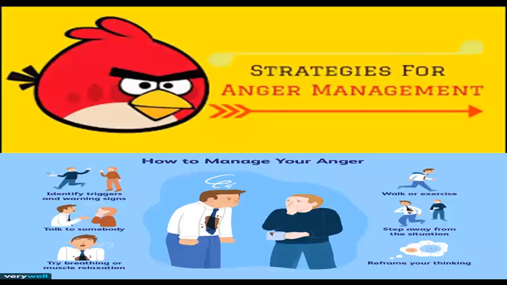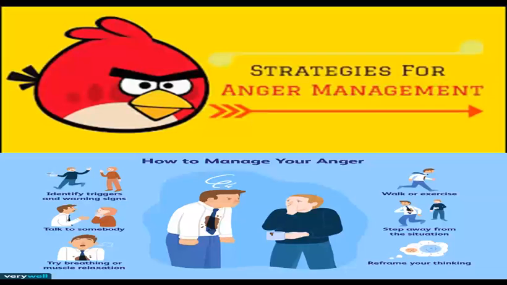Now, what are the strategies to manage your anger, or how do we manage our anger? There should be some skills, some strategies. Anger is an emotion that can range from mild irritation to intense rage. But when anger is left unchecked, angry feelings can lead to aggressive behaviors like yelling at someone or damaging property. So how can you manage your anger?